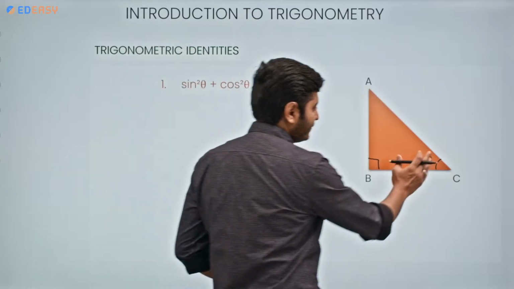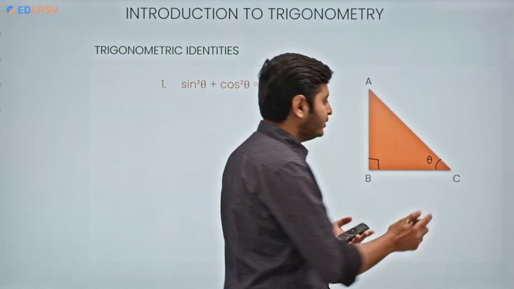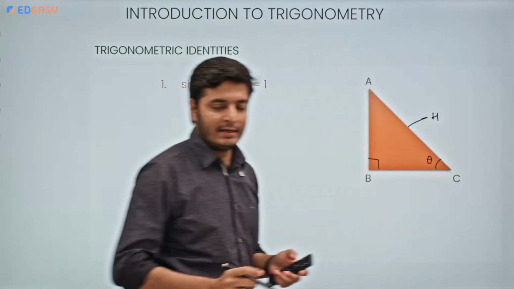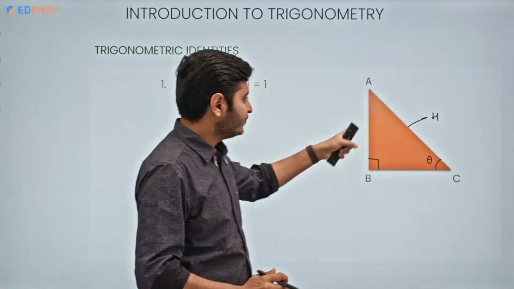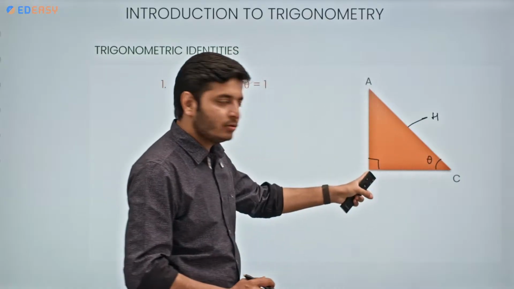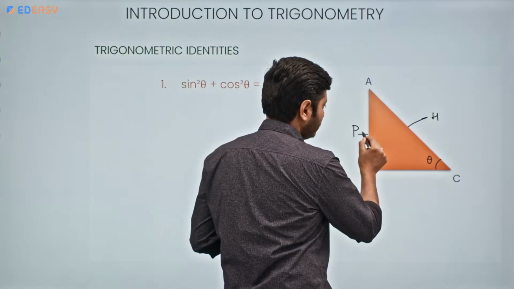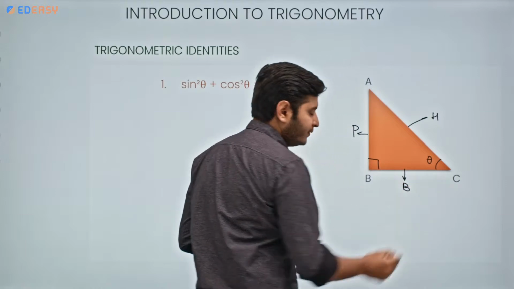Now, if angle C is theta, of course AC is the hypotenuse, because this is the side opposite. I will refer to them using the initials. H for hypotenuse, then the side opposite to theta will be the perpendicular. So I will write P here for perpendicular, and the side adjacent is the base. So B for base.